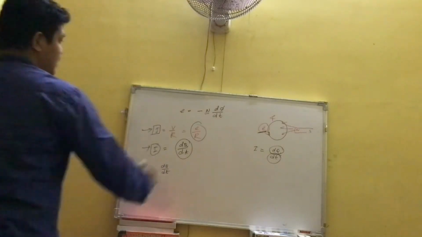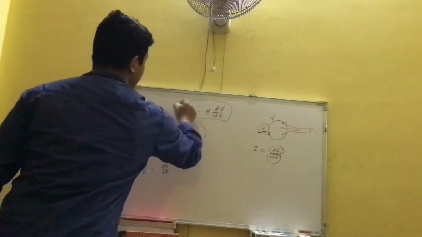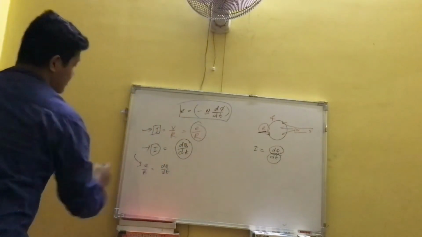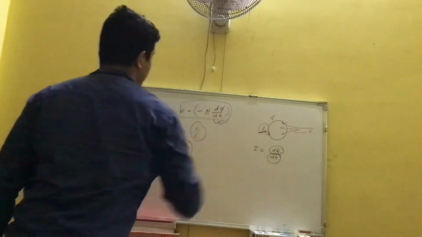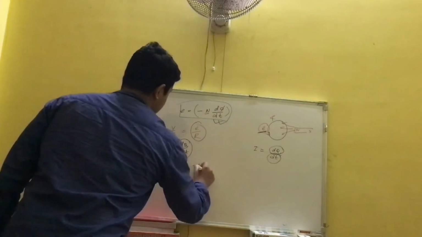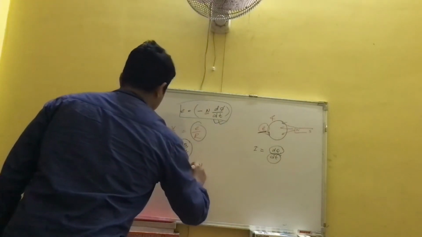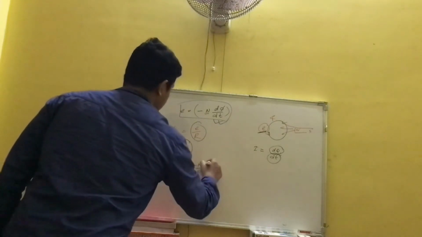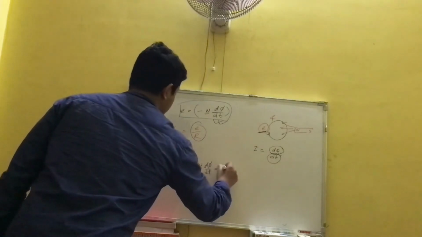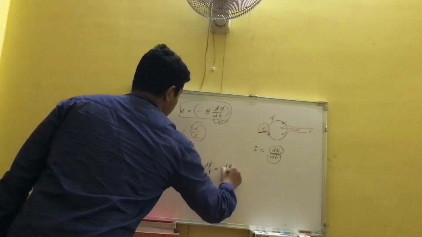Now you see, E is minus n d phi by dt. Let us replace E by this value. Then we will get minus n by R d phi by dt is equal to dq by dt.